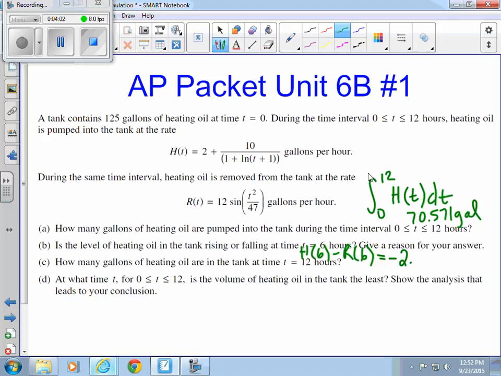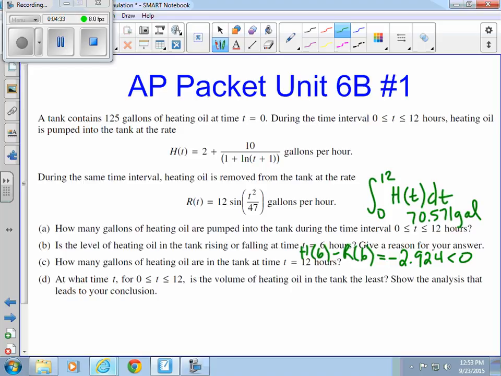Negative 2 point what? I don't know, I'm going to stall, let a couple other people try it. So that's less than 0, and since that is less than 0, our water level is falling.